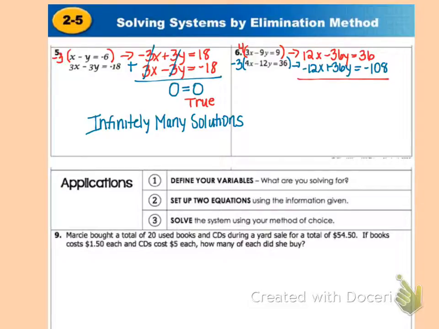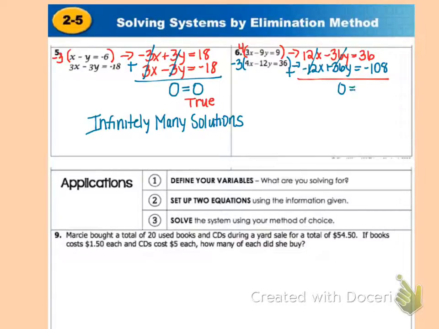So I made it so that the coefficients of the x's were opposites of each other. So in order to cancel them out, I'd have to use the operation of addition. And that was the purpose of why I tried to make one of them positive and one negative, so I could use addition. Addition is definitely easier. So when I add, the x's cancel out. And when I add the y's, well, they cancel out as well, kind of like in that last example.